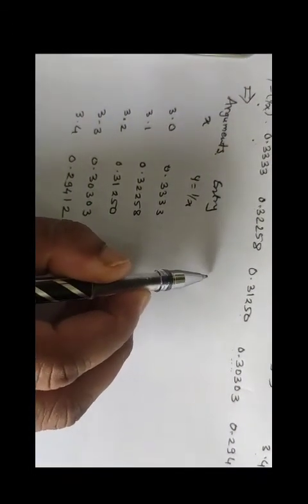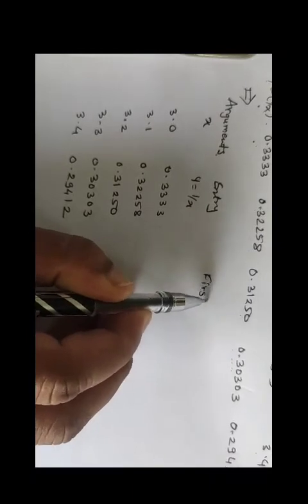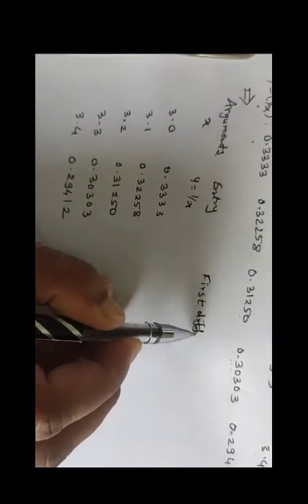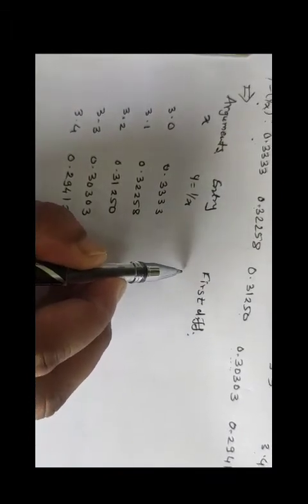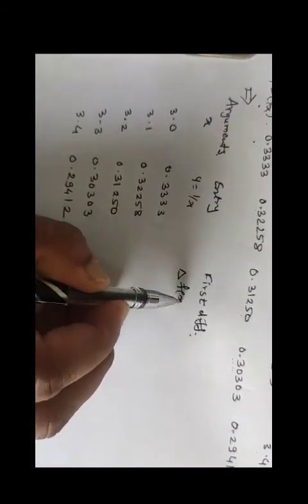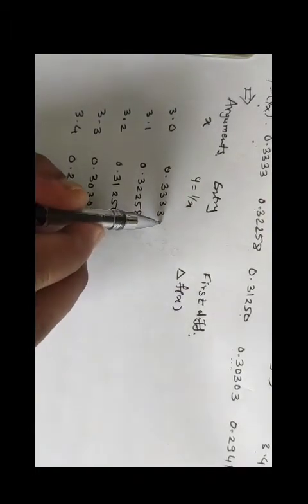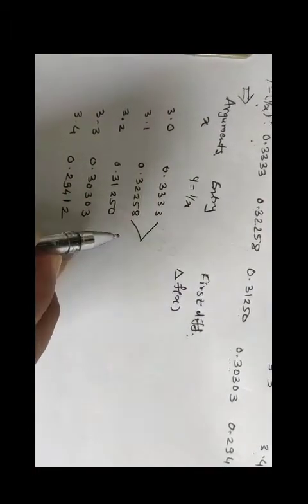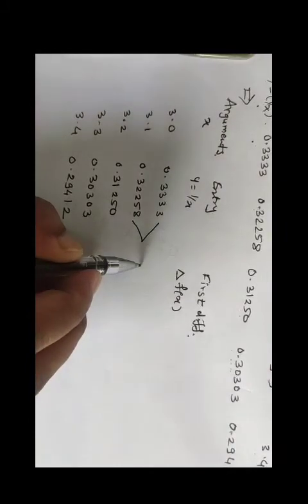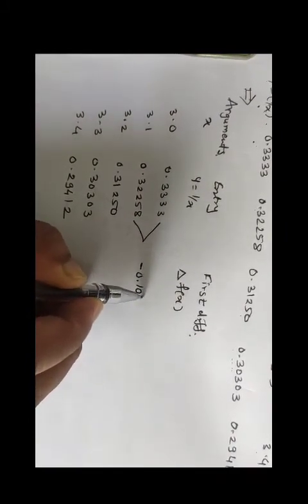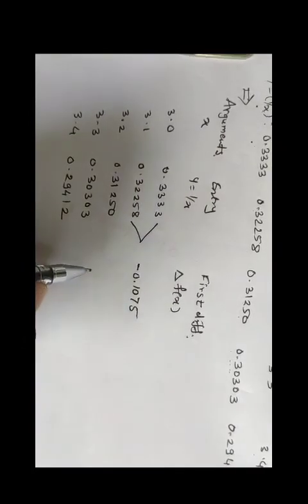So students, here I am going to find the first difference. How to calculate it? It is denoted by delta f of x, and delta f of x is nothing but the difference between two consecutive terms. The difference between these two terms is minus 0.1075.